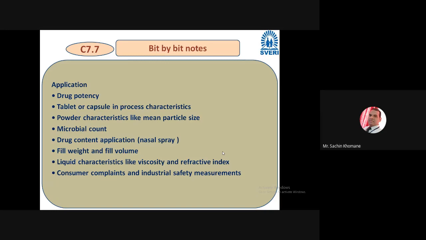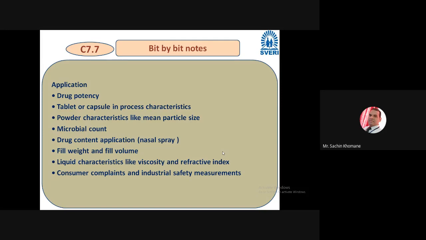Then consumer complaints and industrial safety measurements. Especially so many people complain, but sometimes some people, or you can say naughty customers, may give wrong feedback, but you have to monitor it. How will you come to know whether everybody is facing this problem, right?